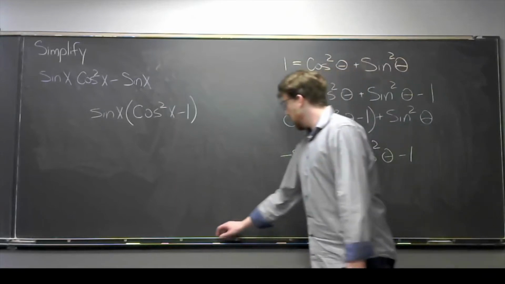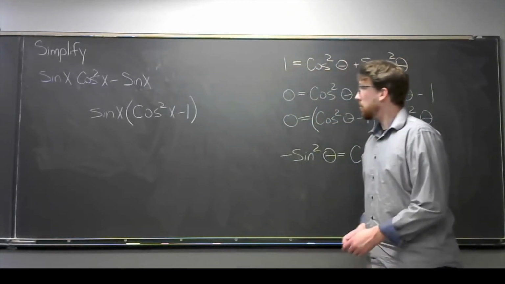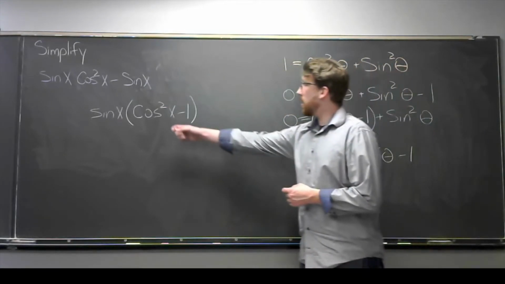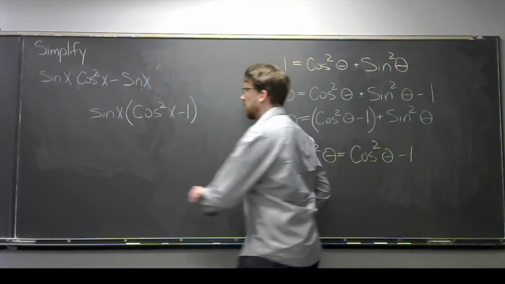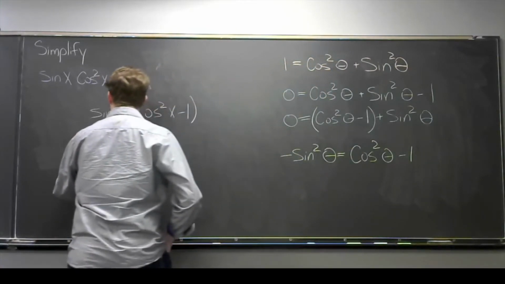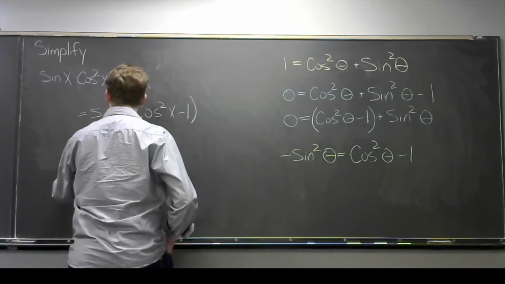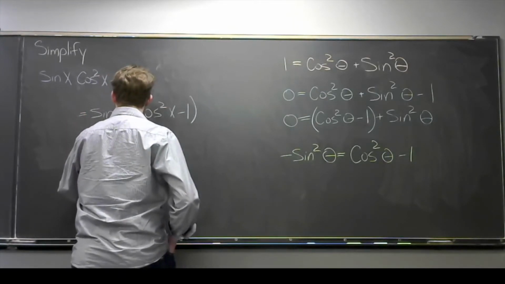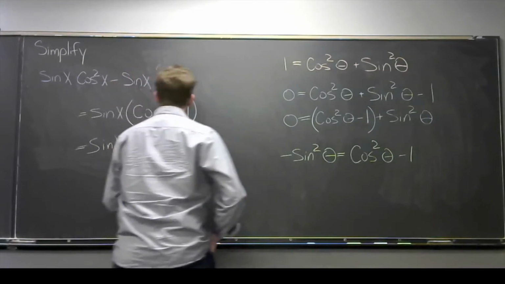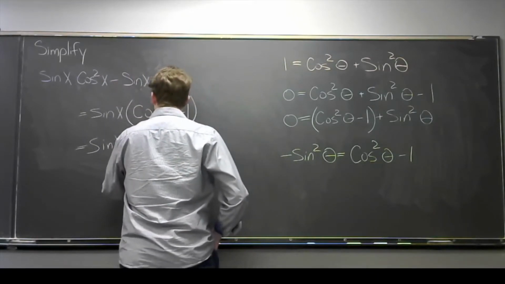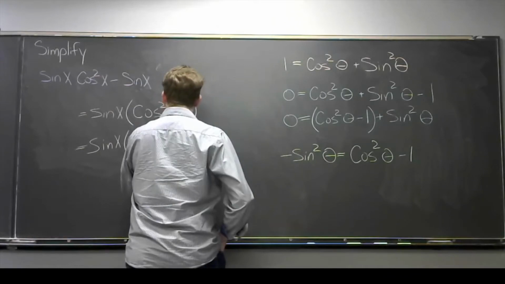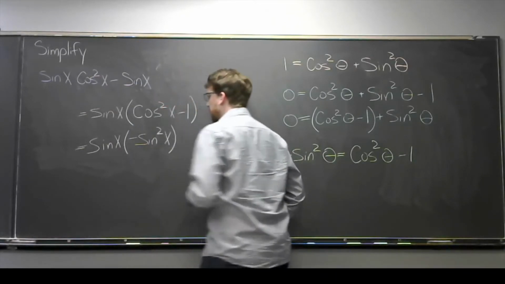So, we can go ahead and just plug in negative sine squared here. When we do, we're going to find that we have sine x times negative sine squared of x.